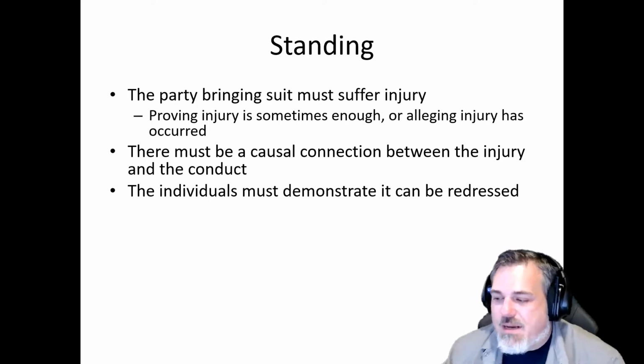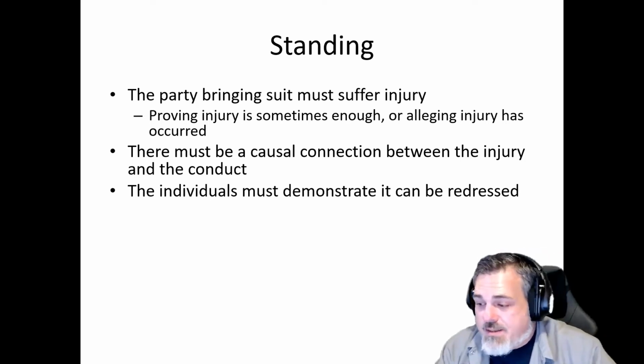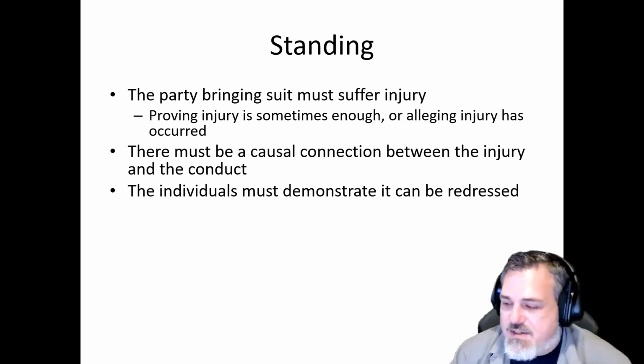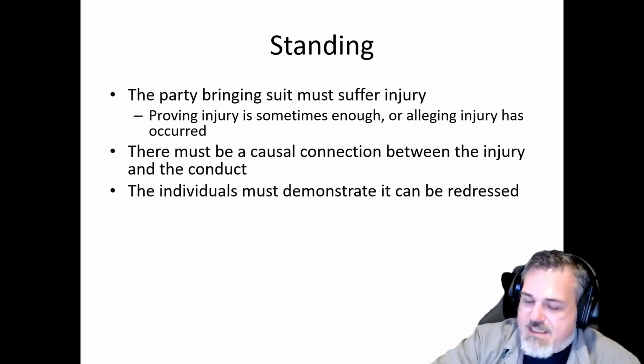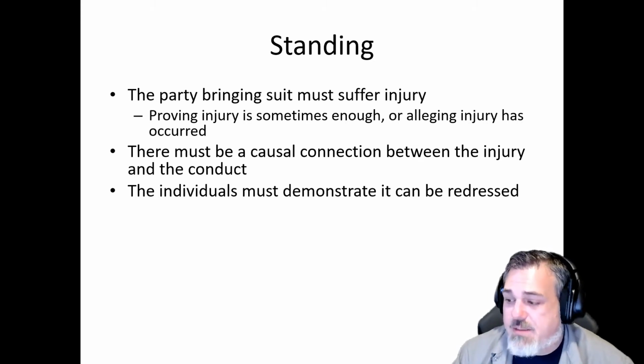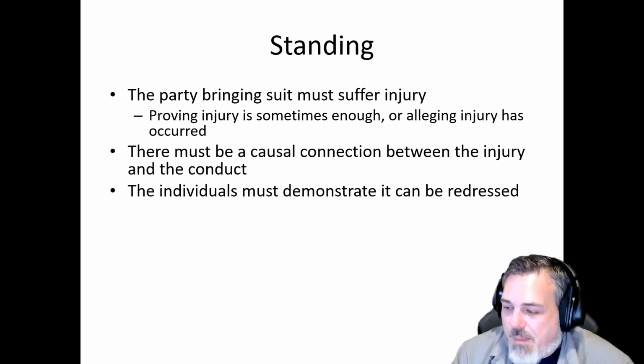Furthermore, you have to demonstrate that your injury can be redressed. This is sometimes difficult. However, we in the United States lean very heavily on monetary redressment, meaning that money can solve everything.